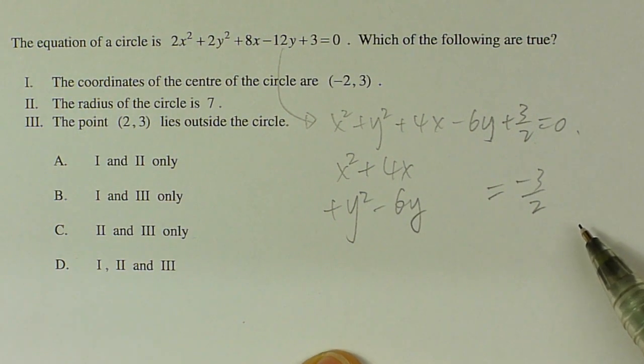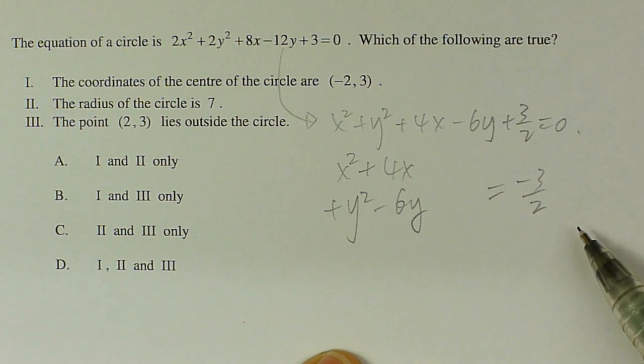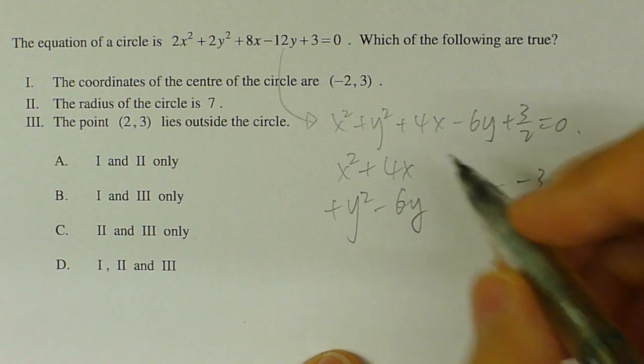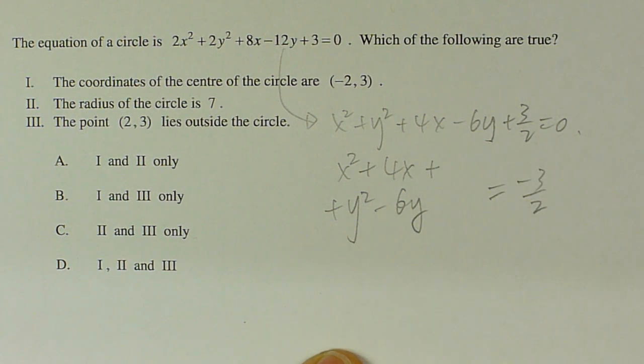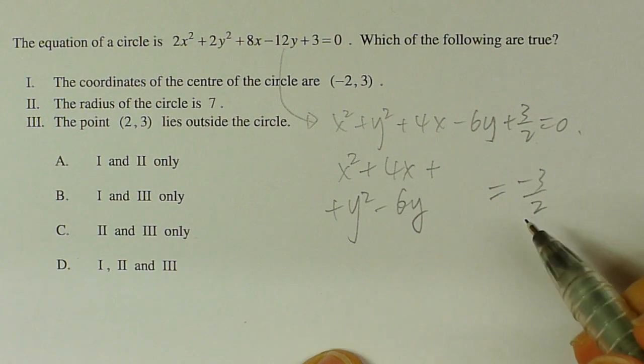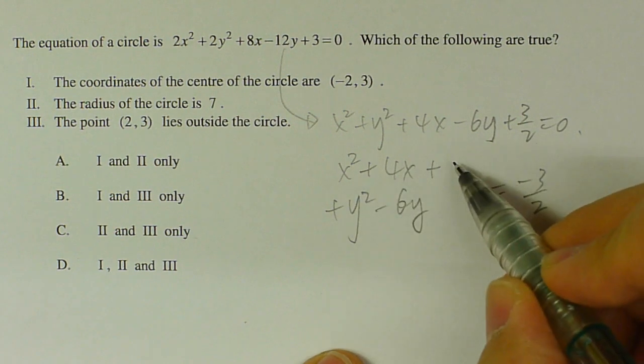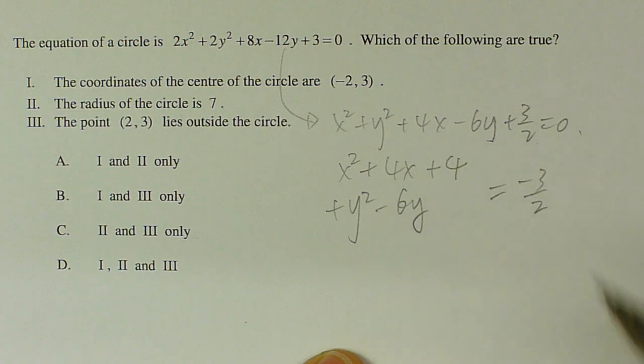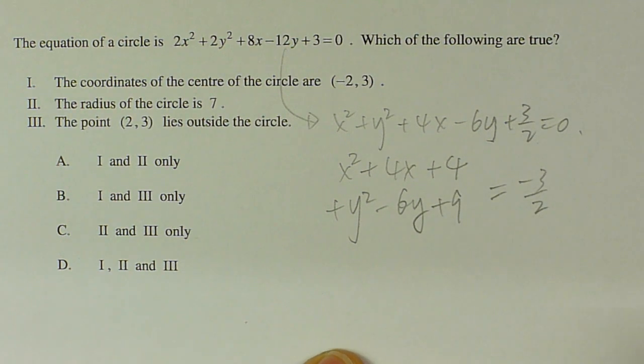Next, we have to complete the square for the x terms and y terms so that it can form the standard form. If you have done much practice on completing the square, you will notice that we should add 4 to the x terms and add 9 to the y terms.